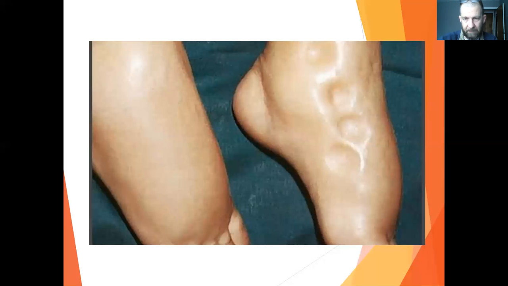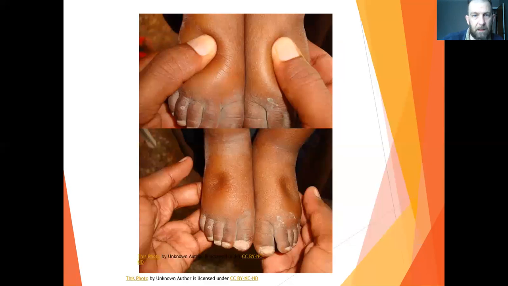The water fills back up in the tissues underneath, and those pits go away. Here's another picture of pitting edema. In the top picture, you can see someone pressing down on this child's feet, and then they take their fingers away, and you can see the pits there. So this child obviously has some edema going on in their lower extremities.